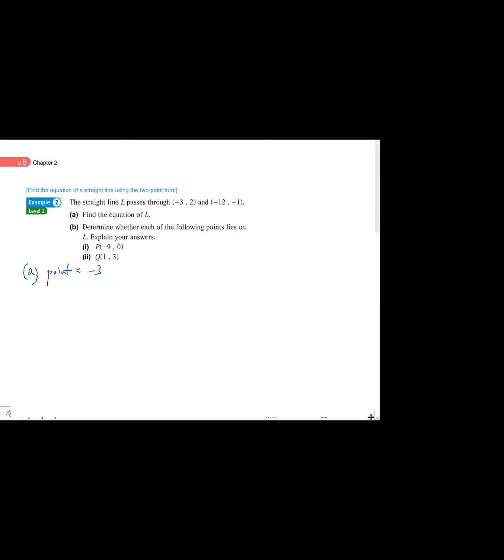So I choose -3 and 2, and then slope will be y2 minus y1 over x2 minus x1. Okay, so that should be equal to -3 over -9. That is 1 over 3. Okay, and then equation of L will be y minus y1 equals slope times x minus x1.